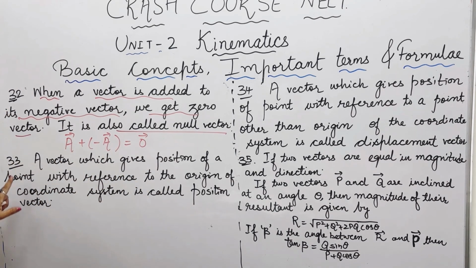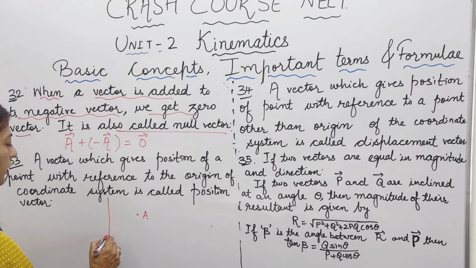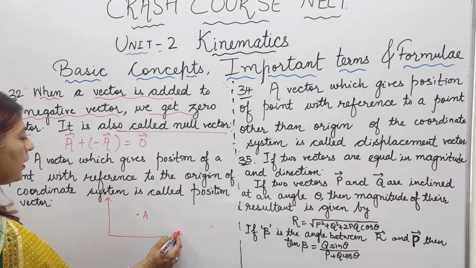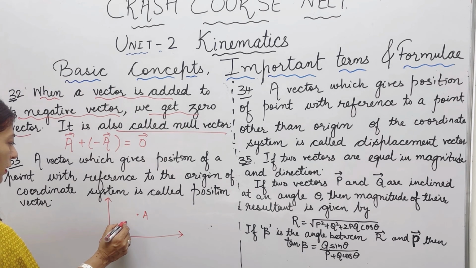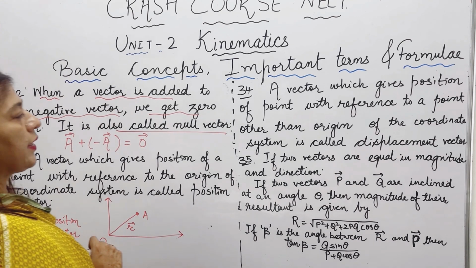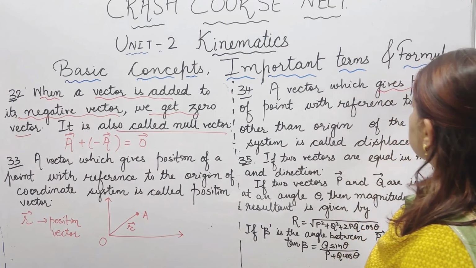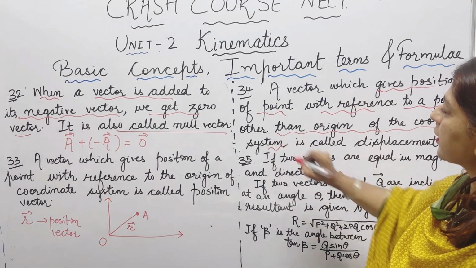A vector which gives the position of a point with reference to the origin of the coordinate system is called a position vector. We have taken any point, say A. Now this point, if taken in the coordinate system where O is the origin, then the vector R is said to be the position vector. The next is a vector which gives the position of a point with reference to a point other than the origin of the coordinate system.